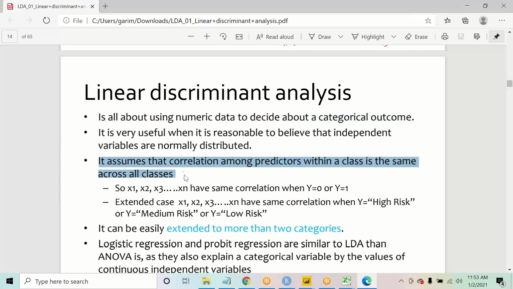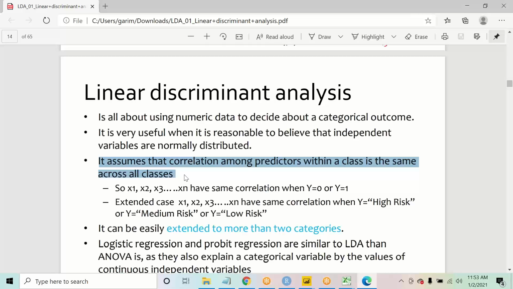It also assumes that the correlation among predictors within a class is the same across all the classes. Like for example, if you pick up the data for yes, the correlation of the variables is similar in yes and no. So it will pick the two classes.